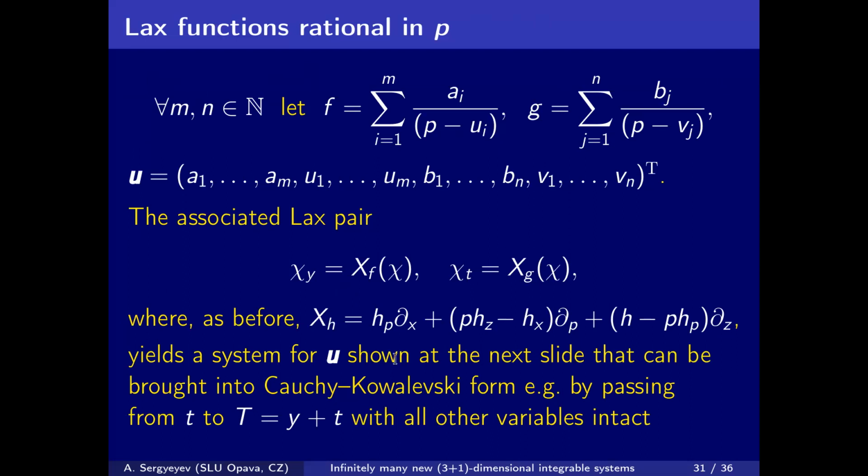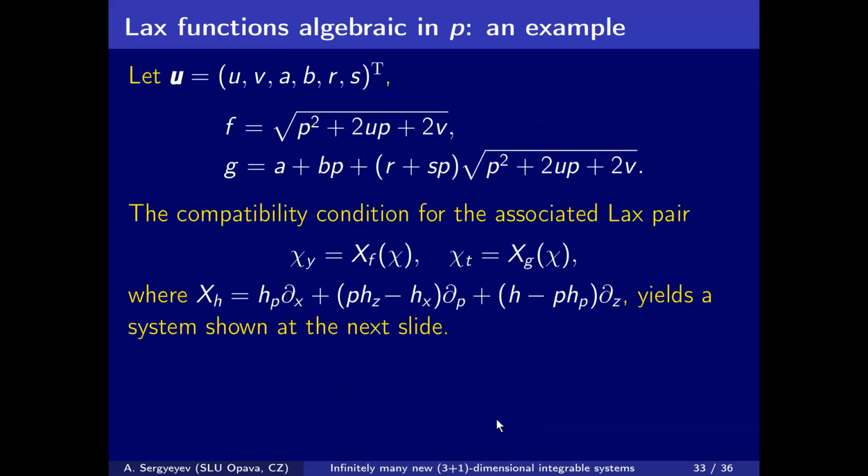But still, it is quite reasonable, and in particular, it can be brought into Cauchy-Kovalevskaya form. For example, if we do this simple change of independent variables, namely replace t by this new variable capital T and keep all other variables intact.